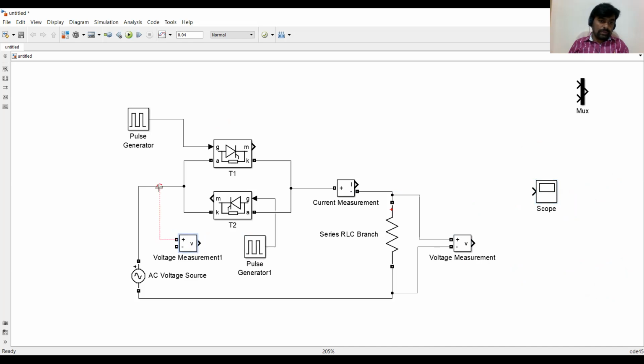To see the input pulse or input waveform, I need to connect a voltage measurement block there. And I need to take 4 inputs to the scope. That is why the number of axes for the scope is 4, right?